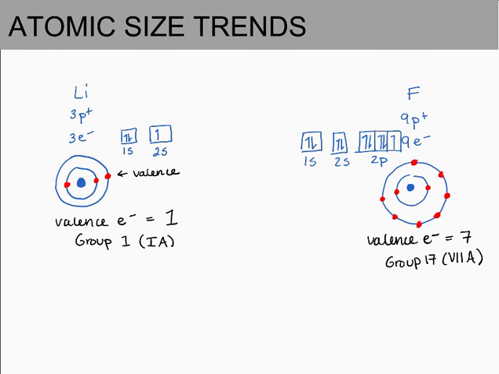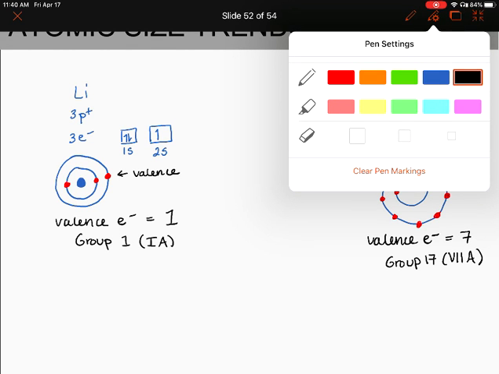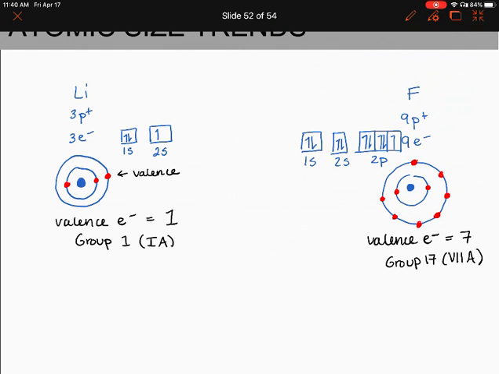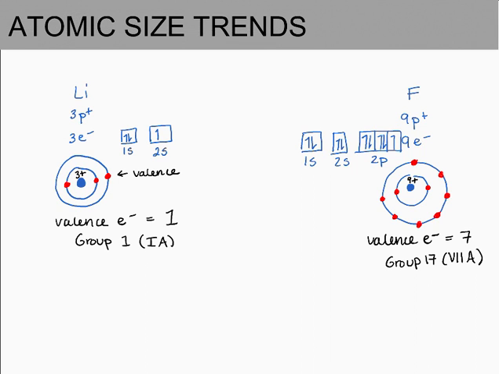So lithium, again, only has 3 protons, or a 3+ charge in the center nucleus. Whereas fluorine has a 9+ charge in the center. So with fluorine, we have a much larger positive charge in the center, and that's going to attract electrons closer to the nucleus, which makes the atom smaller.